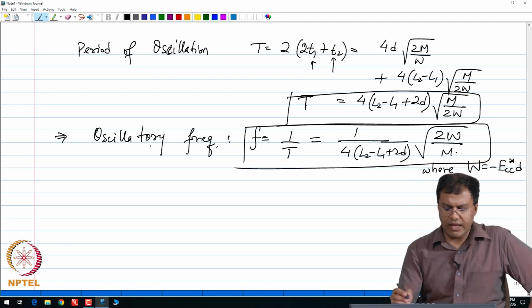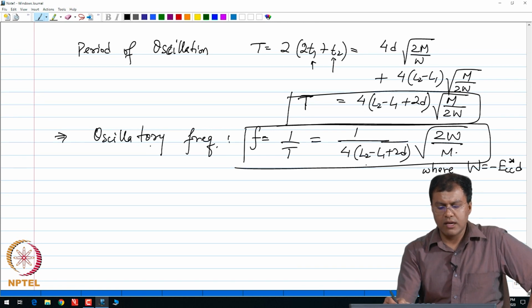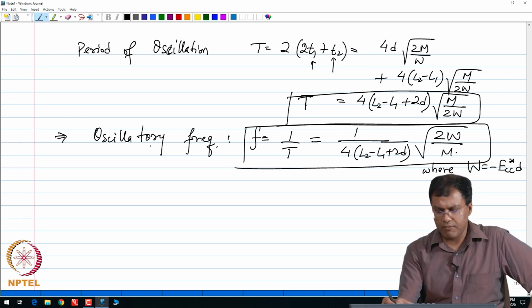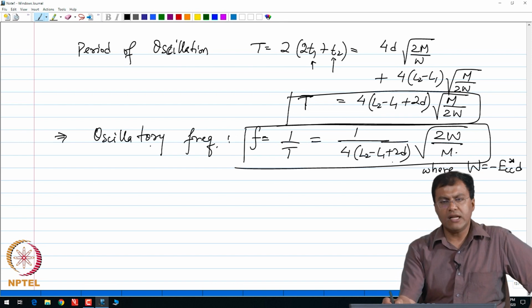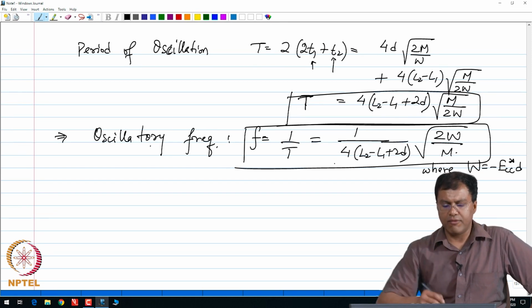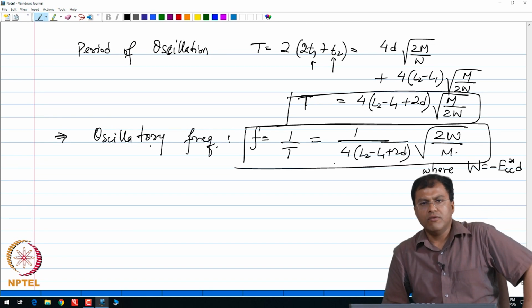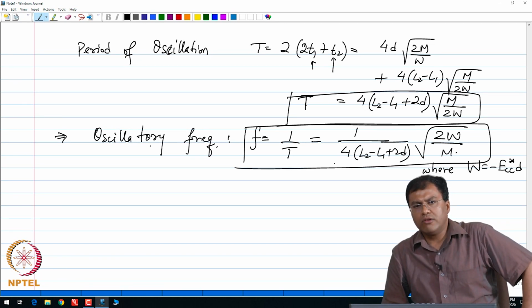Now, notice that if my nanorods are almost similar in length, if L1 is equal to L2 and the extrusion distance is minimal, or D goes to 0, I see that my frequency goes to infinity, which means that for small extrusion and equal length nanorods the frequency is almost immeasurable because it goes to infinity.